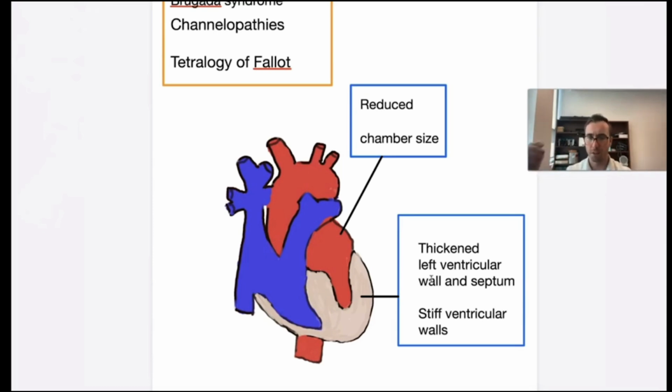However, if you're causing increased workload of our heart from long-standing hypertension, or drug use over time, such as cocaine, this can lead to a thickened left ventricular wall and septum, but the muscle grows inward. So now you can see the reduction in the chamber size of our left ventricle, whose main function is to pump blood. And if it can't do that, it will fail. The problematic factor with these very large walls and septum in our ventricles is they're quite stiff and can't really work as a pump anymore, so they could fail.